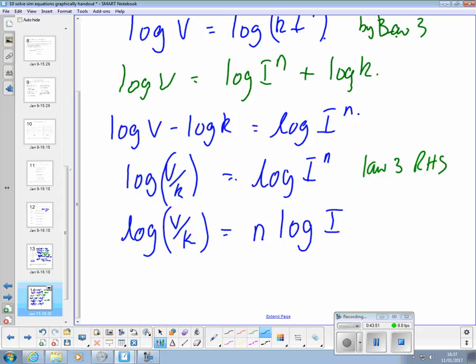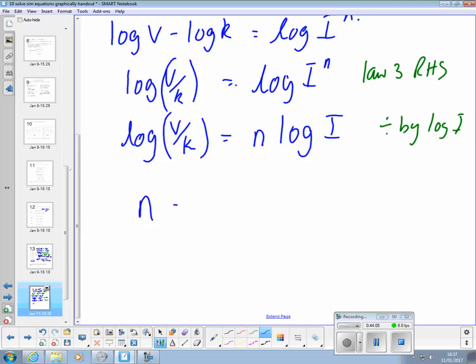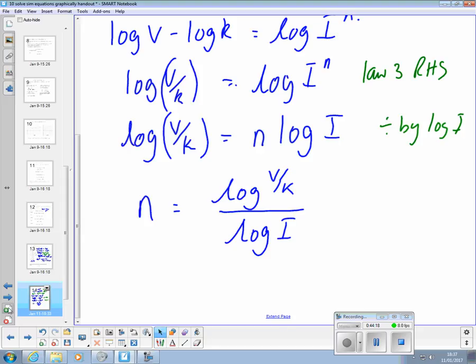Now can I get n on its own? Divide through by log i. So I'll write n on my favourite left hand side, and on this side I've got the log of v over k divided by the log of i.